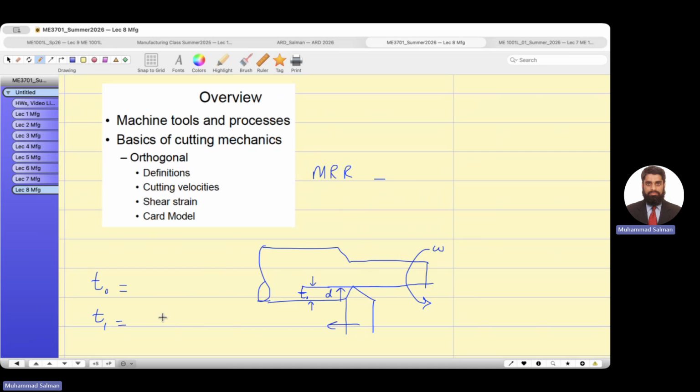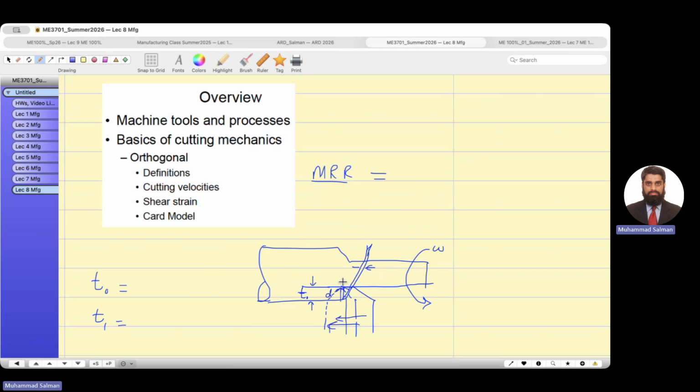We will come to that later, but I want to show you how you calculate the material removal rate. You see the chip is coming out from here, and this is the thickness, the depth, which is one dimension. The second dimension is, look, if I make a tool here, the tool is moving here. After some time, the tool moves forward.